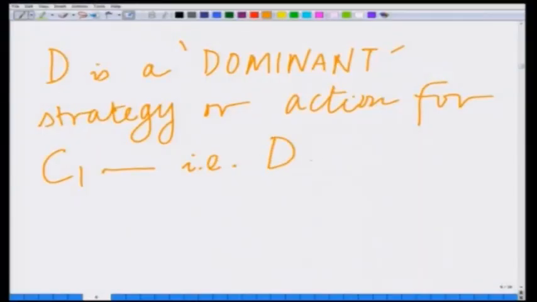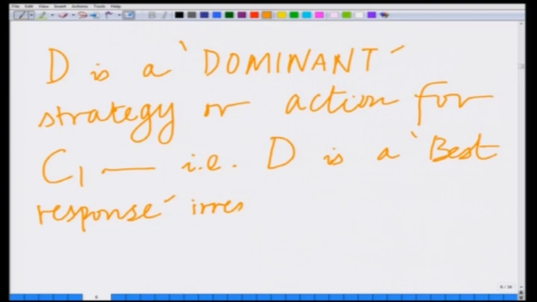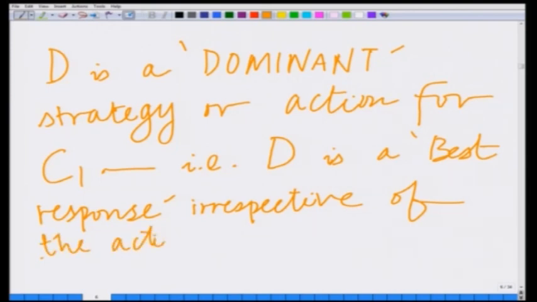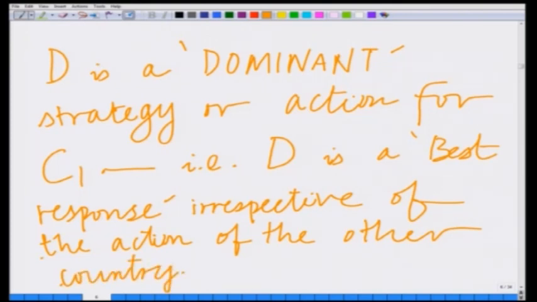That is to say, D is a best response irrespective of the action of the other country or the other player. Such an action is known as a dominant action.